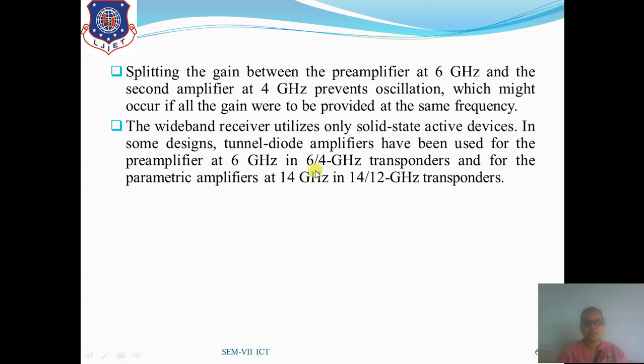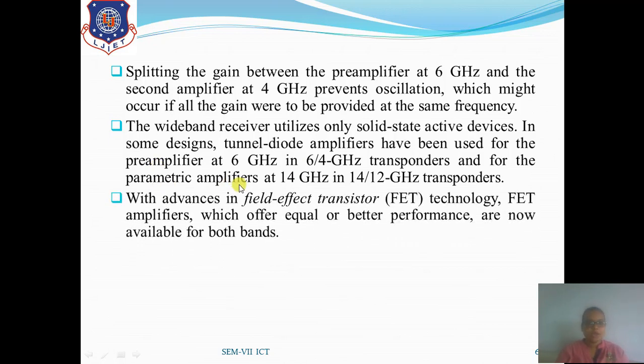So depending on the frequency range on which we are acting on the transponders, the amplifiers will change. With advances in field effect transistor, that is FET technology, FET amplifiers, which offer equal or better performance, are now available for both bands.